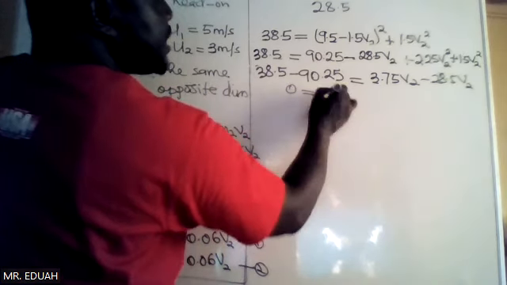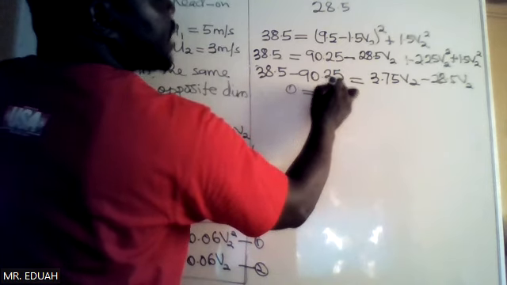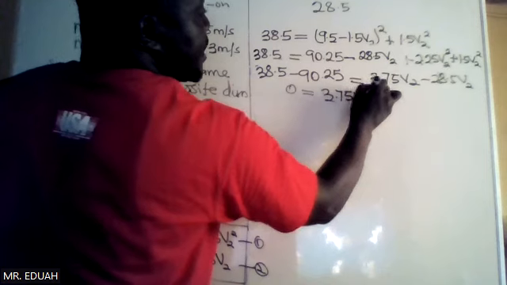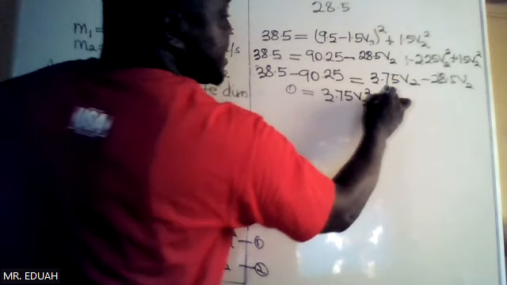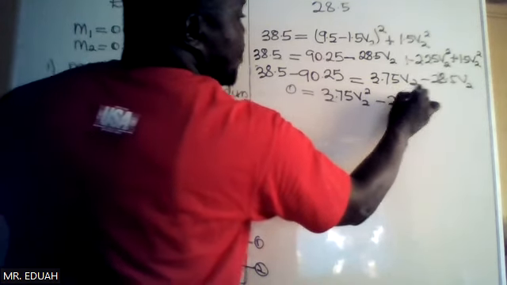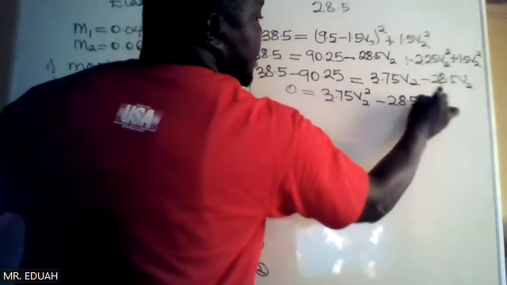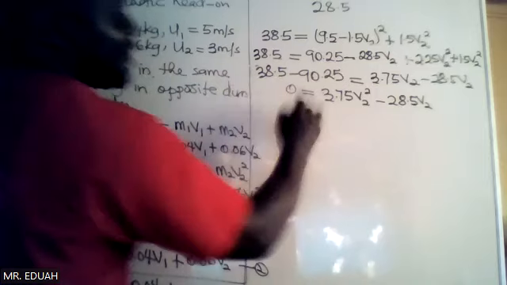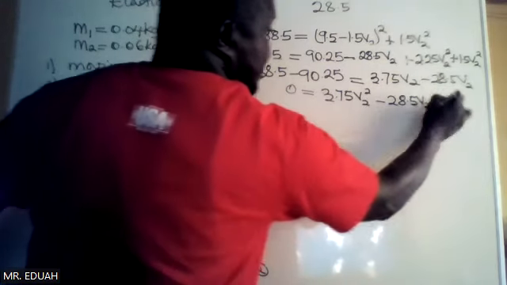Okay, so I have 3.75 V2 squared minus 28.5 V2. Now, when you subtract 90 from this, you get negative. So when it crosses, it's plus.